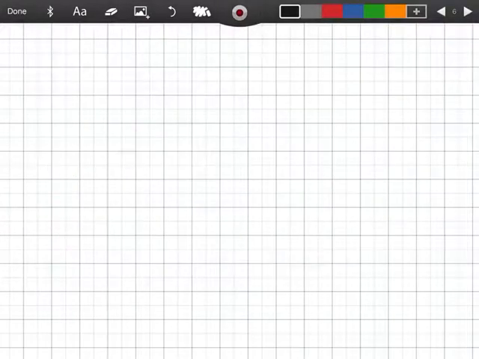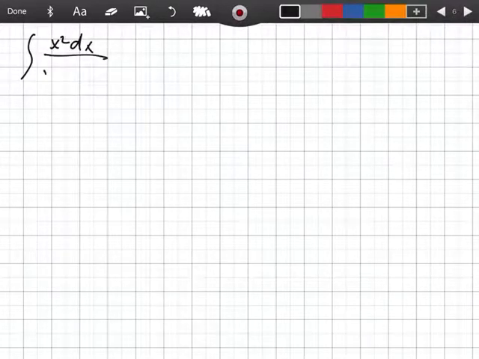Okay, so, babalik natin yung original natin na x squared dx over square root of x squared minus 4. Saan na tayo?